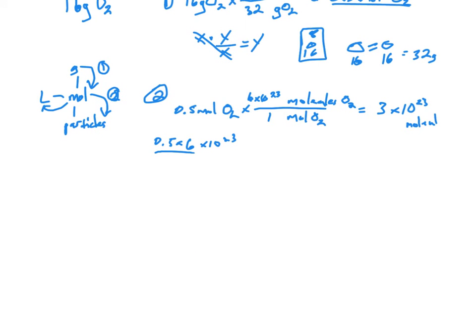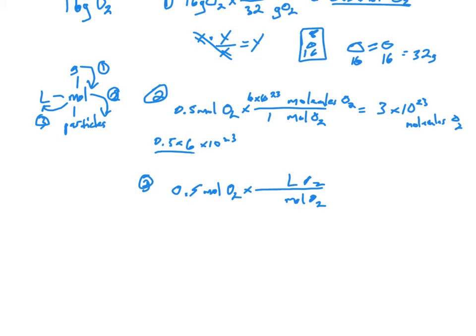Now, step 3. We're going to take that answer, and we're now going to convert it to liters. So we're going to assume that this is a gas at STP. So O2 is a gas at STP. So again, we're going to go back to moles. So 0.5 moles of O2 times, put moles of O2 on bottom, and on top we're converting it to liters of O2.